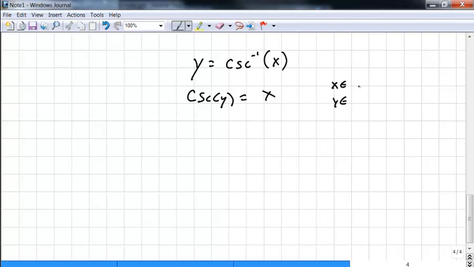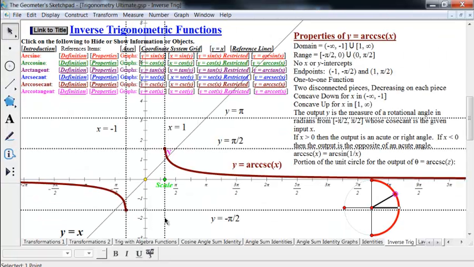Well, x's are negative infinity to negative 1, union 1 to infinity, which is the output of the cosecant. But there are lots of different y's that we could have chosen, but we have chosen the y's from negative pi over 2 to pi over 2, of course not 0.